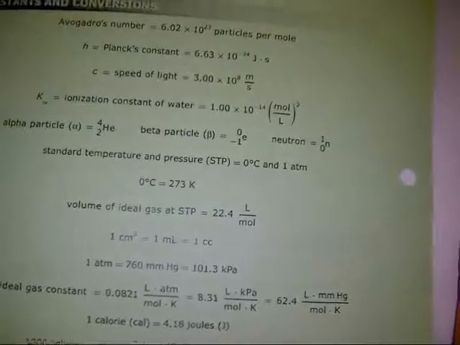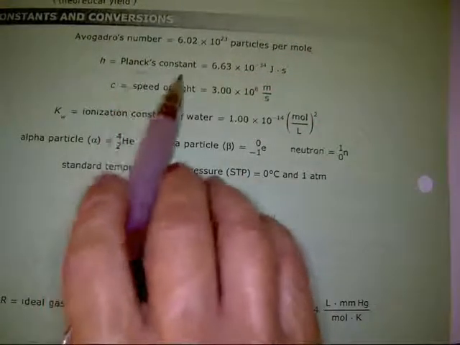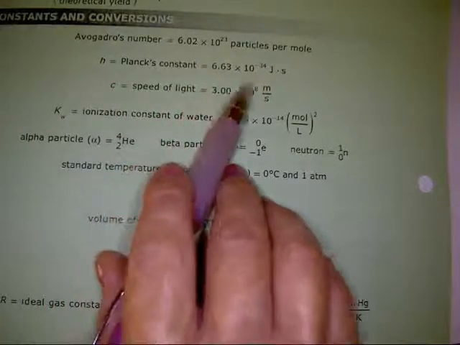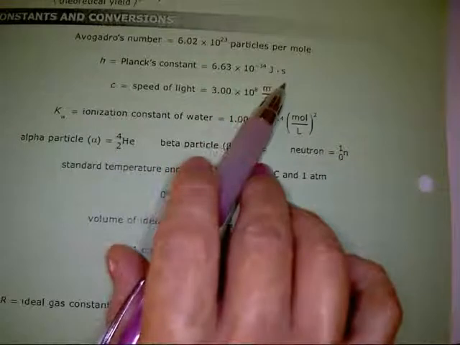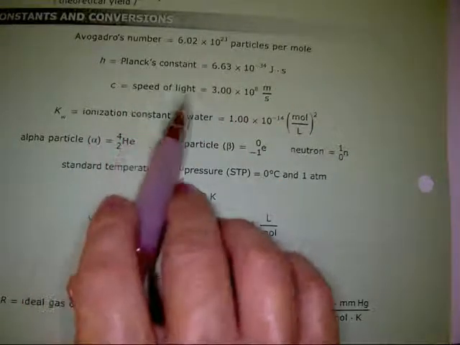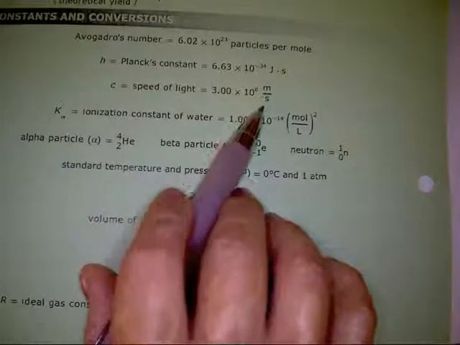Now on the other side of the formula chart, under constants and conversions, we have h equals Planck's constant, which is 6.63 times 10 to the negative 34 joules times second. And c equals the speed of light, which equals 3.00 times 10 to the 8 meters per second.